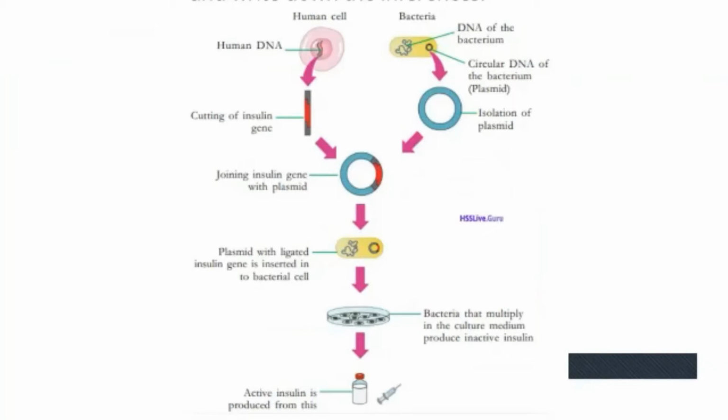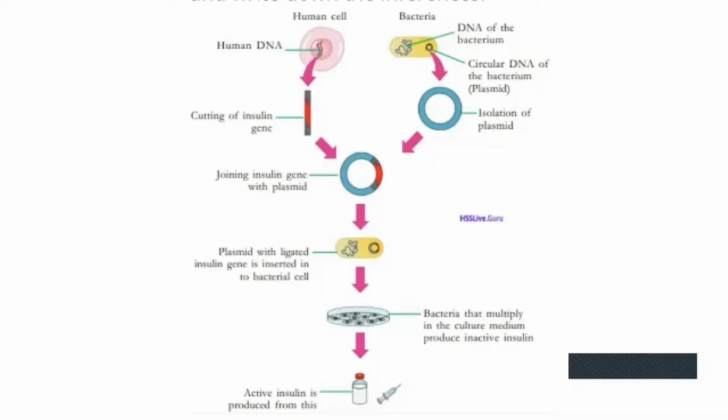So in our body, inside the cell, inside the nucleus, the gene responsible for the production of insulin is present. So we are cutting the gene that is responsible for the production of insulin, and we are joining that gene on the plasmid of the bacteria.